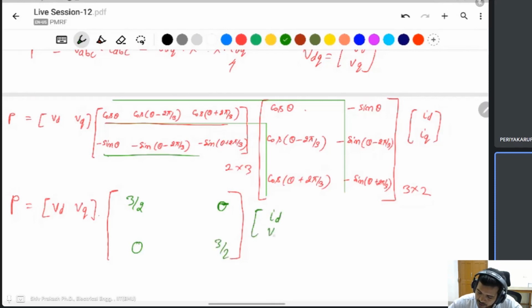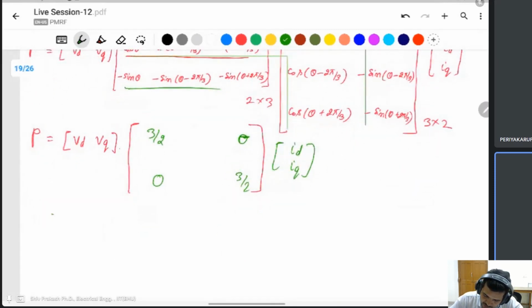Then ID and IQ, this is multiplied by this. If you take 3 by 2 outside, then VD multiplied by here is VD only. VQ multiplied here is 0, VD multiplied by here is 0, and VQ multiplied by here is VQ.